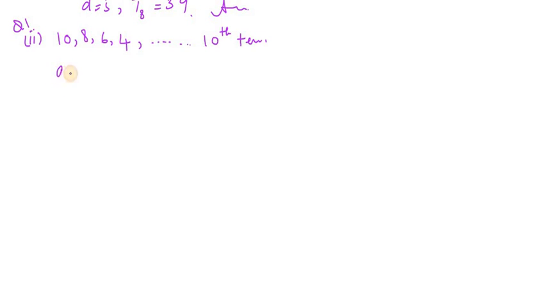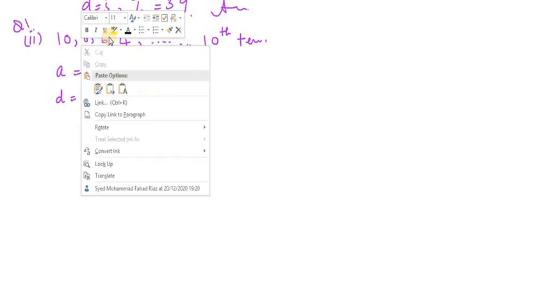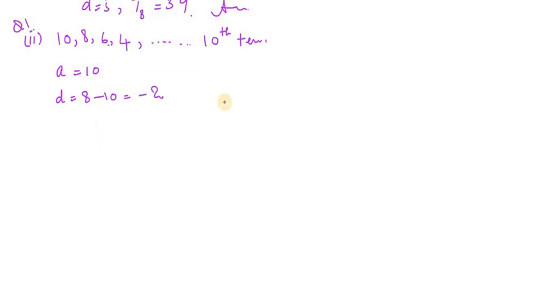So the first term is equal to 10 and the difference is second term minus first term: 8 minus 10, which is equal to minus 2. Checking, 6 minus 8 is also minus 2 and 4 minus 6 is also minus 2. So the difference between consecutive terms is fixed, the same.